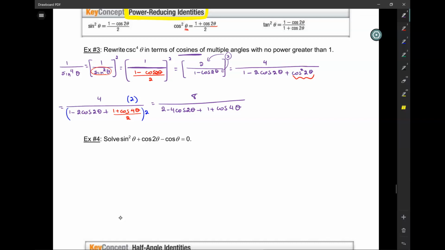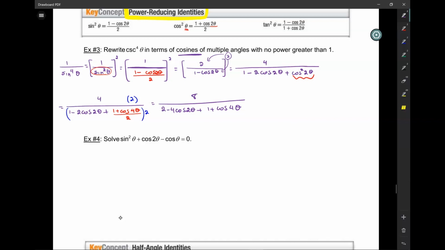Wait, you don't multiply the 2 theta? You're getting rid of the denominator. No, because if you have 2 times sine of theta, that 2 doesn't multiply with the theta.